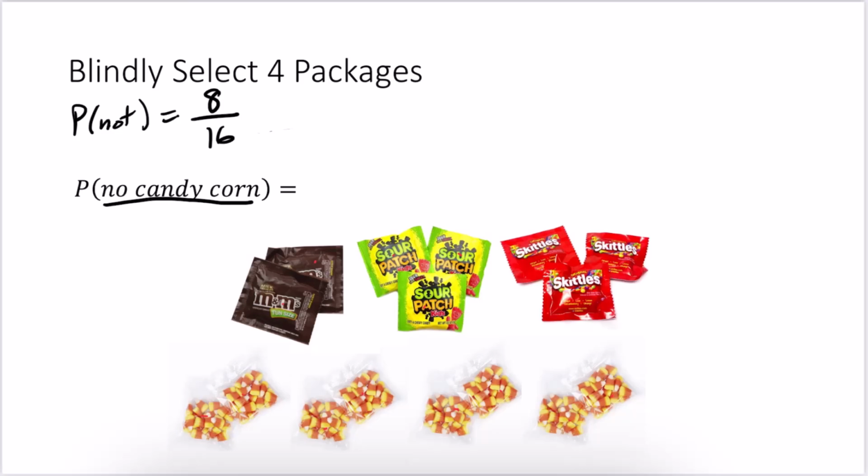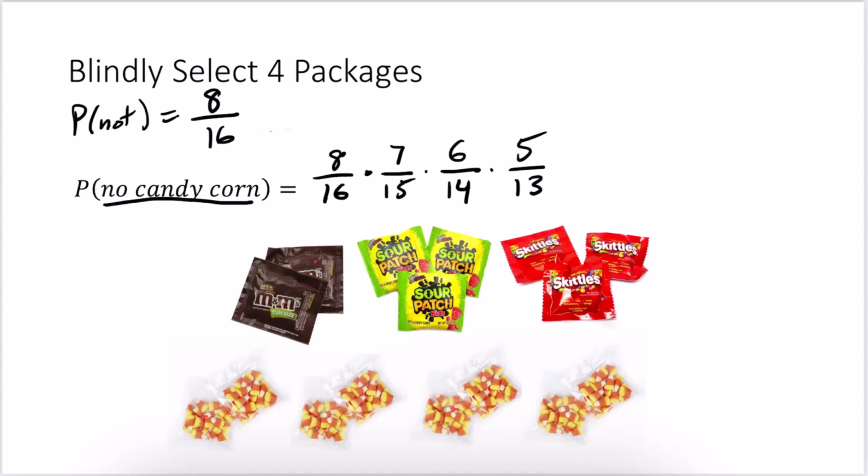But if I want to select 4 packages and not get candy corn, then I'm going to have 8 out of 16 options for my first choice. And then for my second choice, I'll have 15 packages and 7 of them will not be candy corn. Then for my next one, I'll have 14 packages and 6 of them are not candy corn. And then I'll have 13 packages and 5 of them are not candy corn.